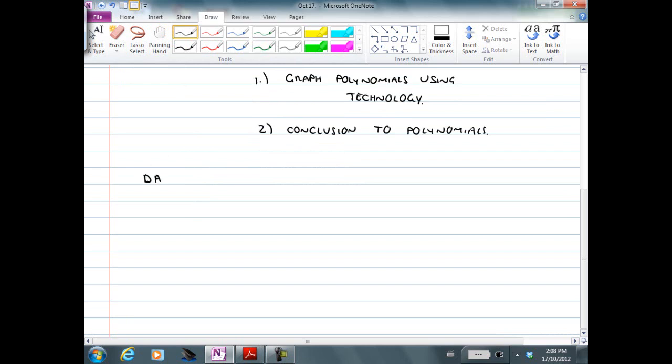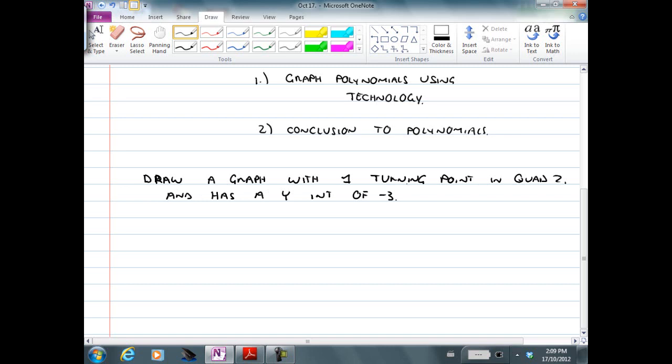Draw a graph with the following properties: one turning point in quadrant 2, and a y-intercept of -3. My question to you is, what shape is it going to be?